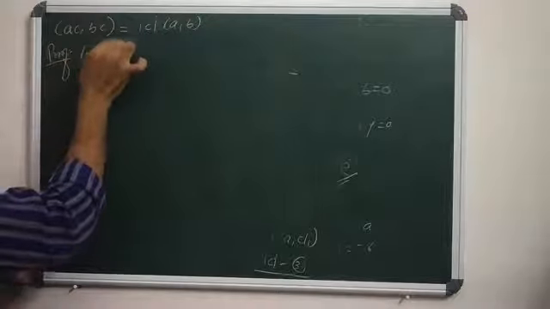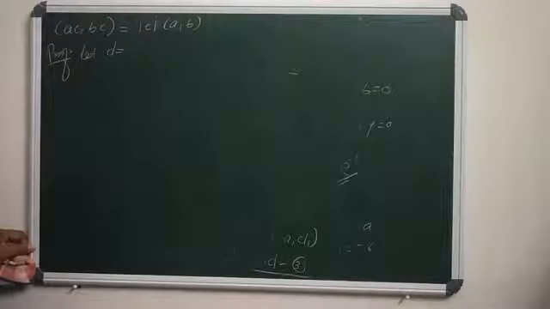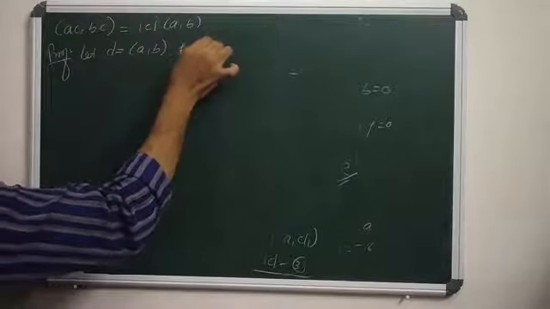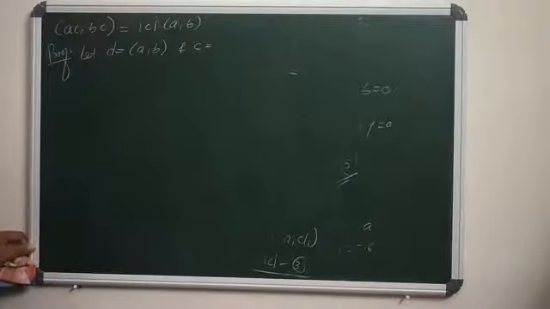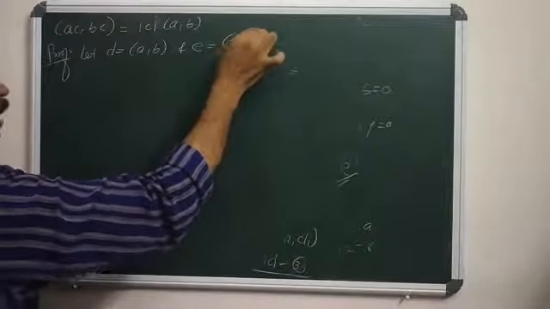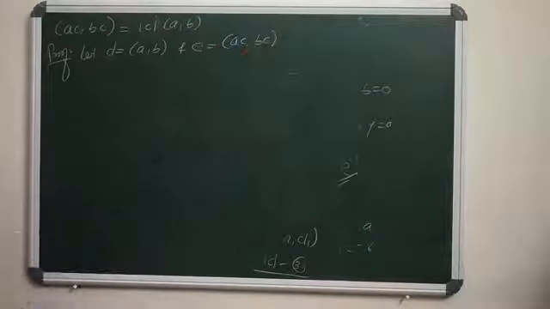Let D equals GCD of A and B, and E equals GCD of AC and BC. Okay.